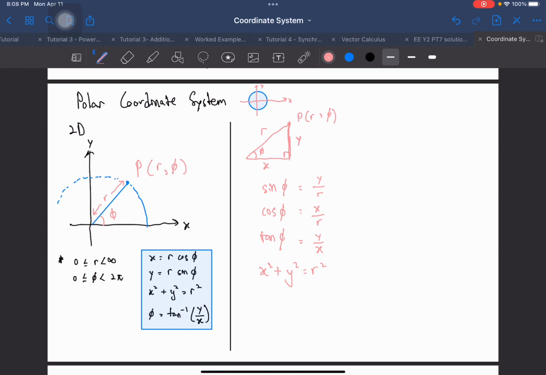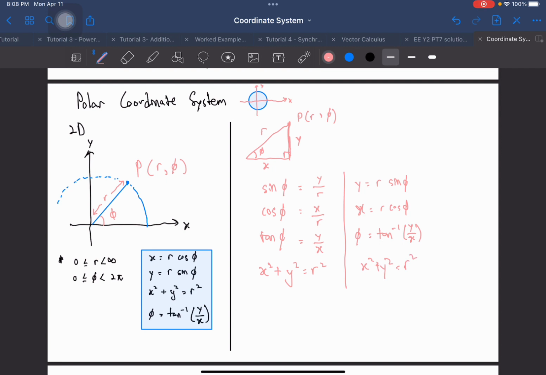So now let's modify this a bit. You move the r to the other side, you get this. Same goes for this. And for this one, since your target is phi, you just move the tangent to the other side, and you get this.